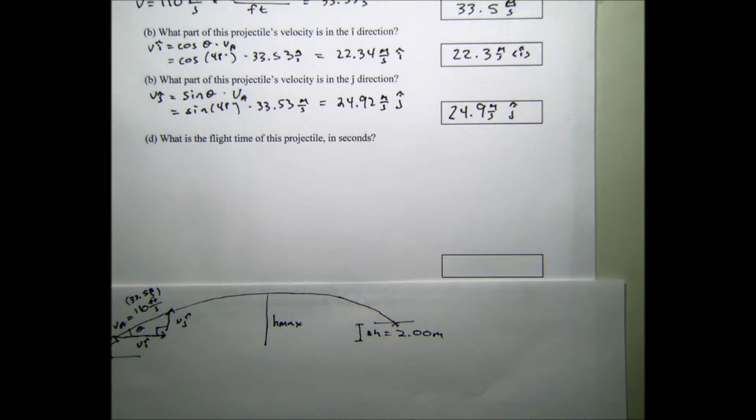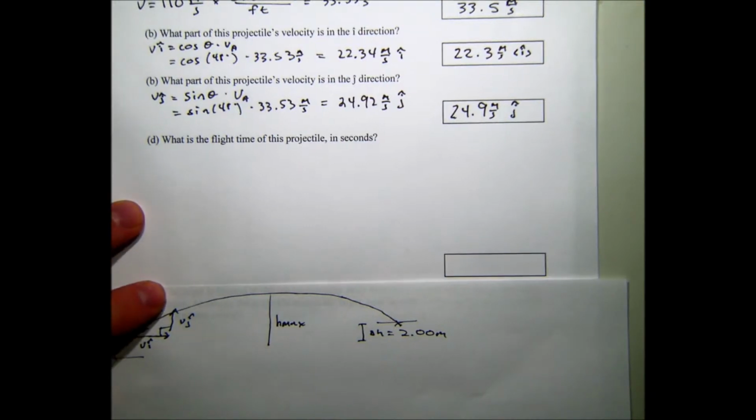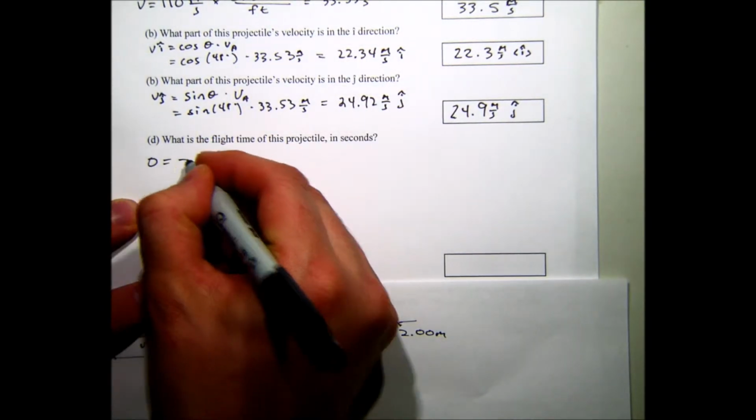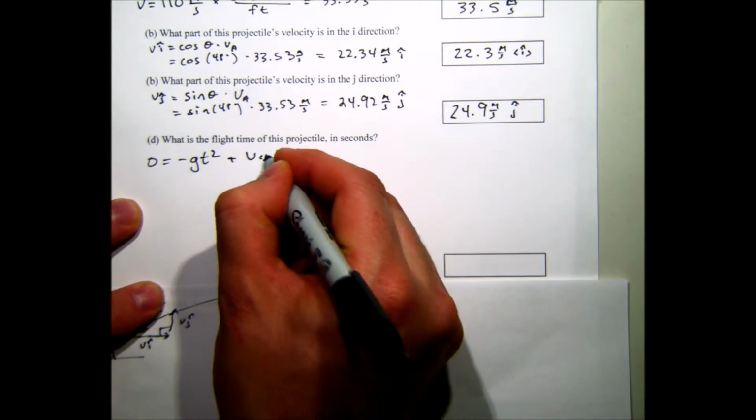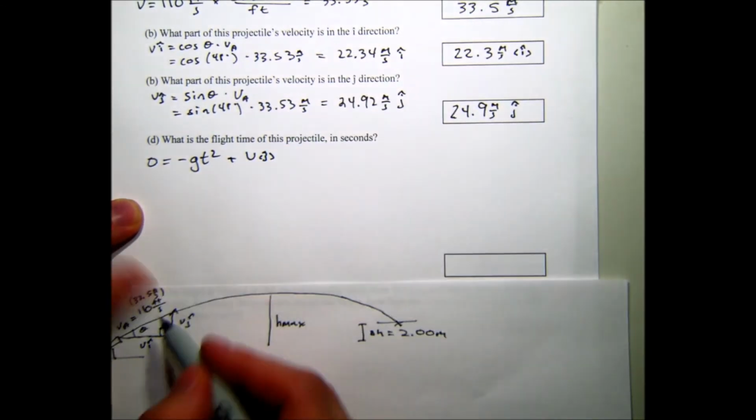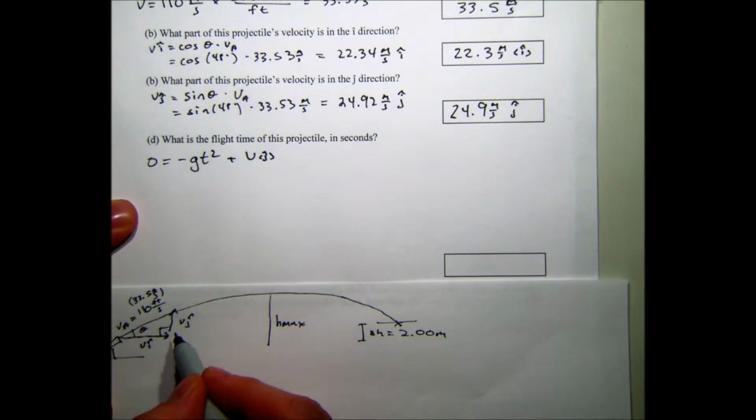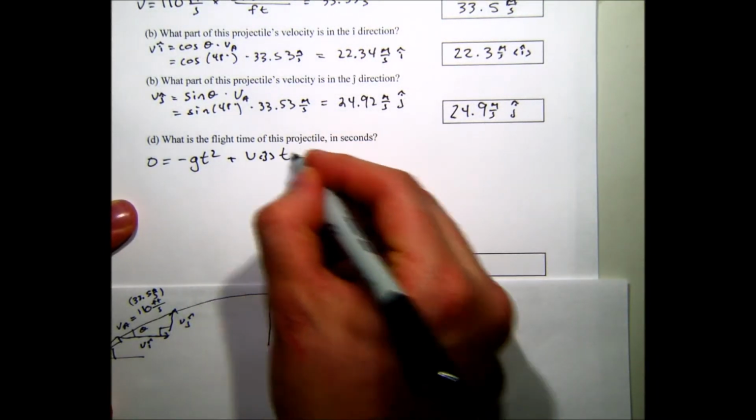That brings us to the next part of this, which is determining the flight time of the projectile. We have a particular equation that we have to use: 0 equals negative g t squared plus velocity in the j hat direction times t, minus the change in elevation, or delta h. The velocity is the initial velocity, so the second it is shot, how fast is it moving upward? We don't care about the right to left.